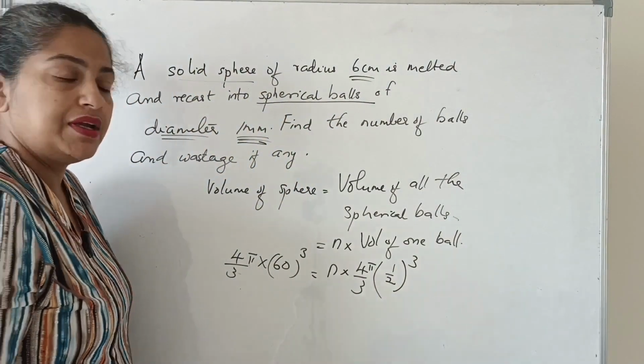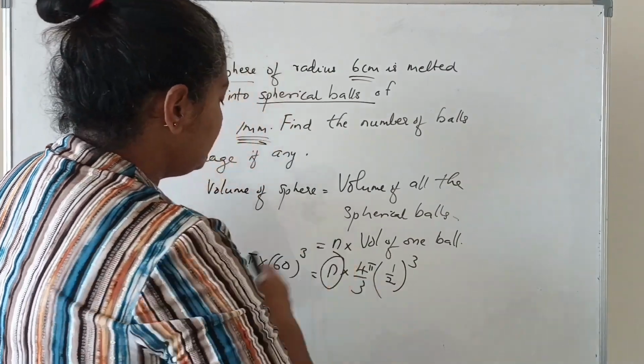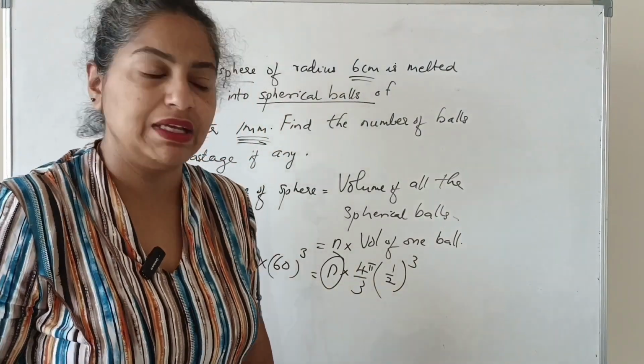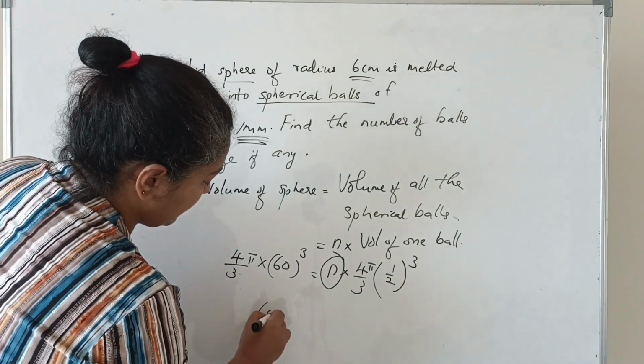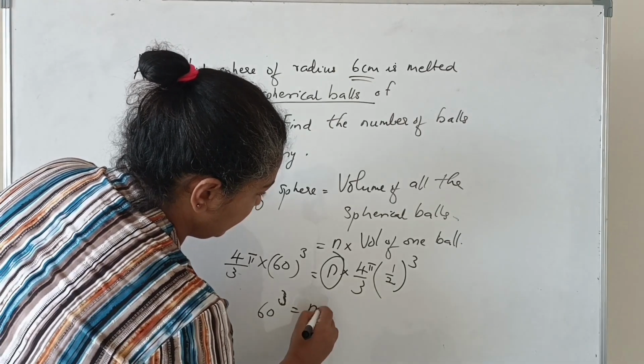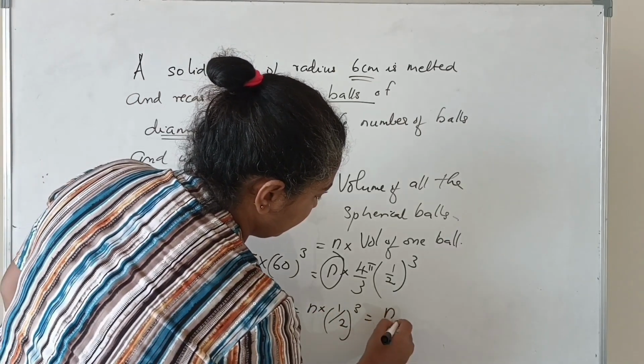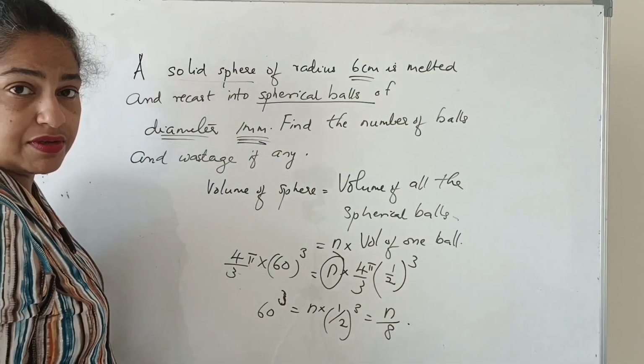Okay. Now, I have equated both of them in order to find the value of n. We will cancel out the common factors which is 4 by 3 pi. So, we will get 60 cube is equal to n into 1 by 2 the whole cube, which is n by 8.